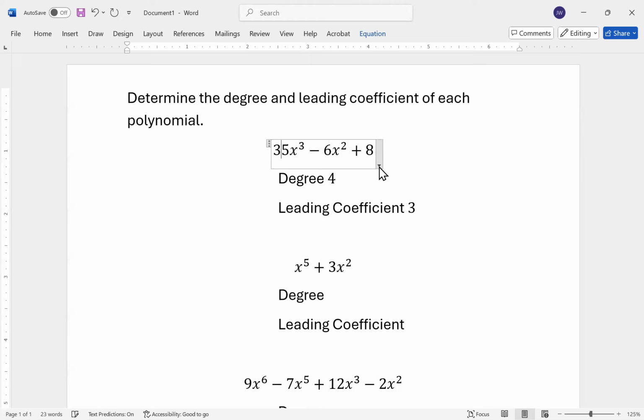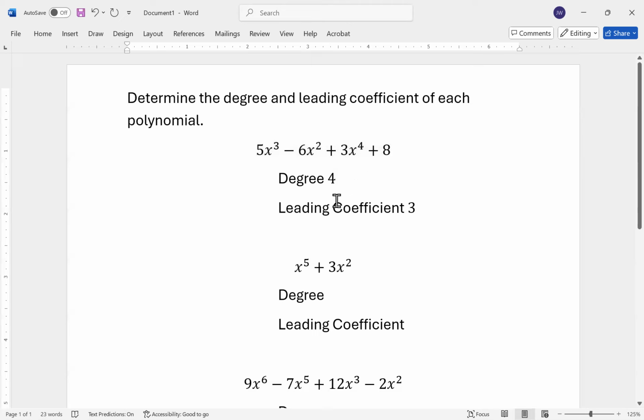If your polynomial was not written in descending order, let's say we write the 3x to the 4th term as the 3rd term of the polynomial. That doesn't change anything on the degree and the lead coefficient. The lead coefficient is still 3 because that's the coefficient of the term of highest degree, or with the highest power on x.